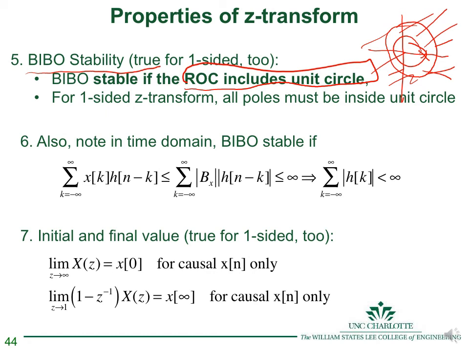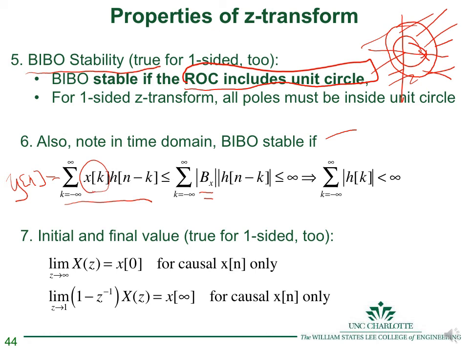In the time domain, we can also note that a system is bounded-input bounded-output stable if the sum of the magnitudes of the impulse response is bounded. To see that, the output is just the convolution. That's less than or equal to some bound on x, the largest absolute value of x, times the magnitude of the impulse responses.